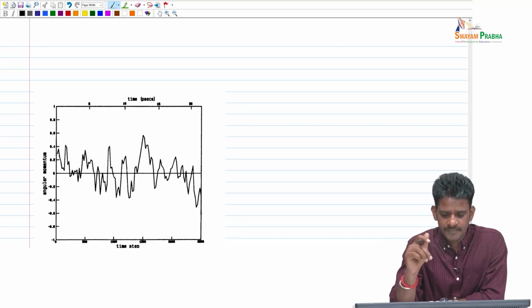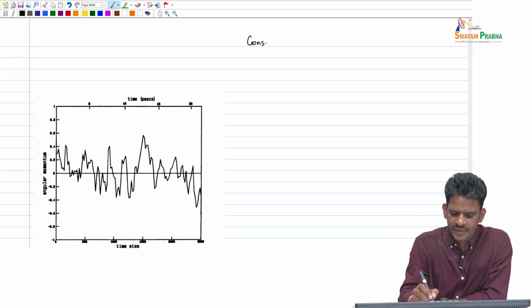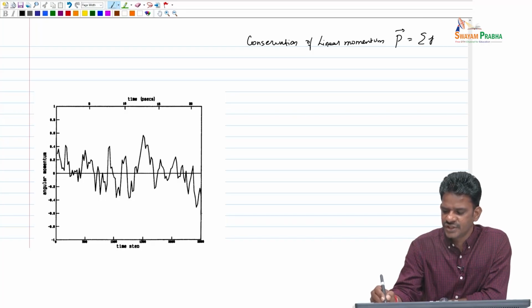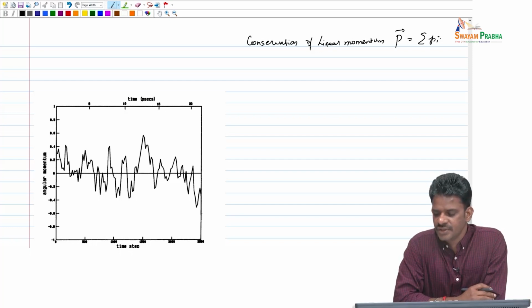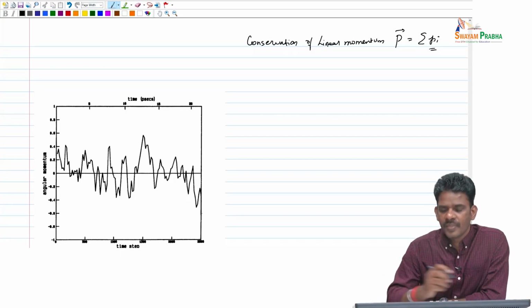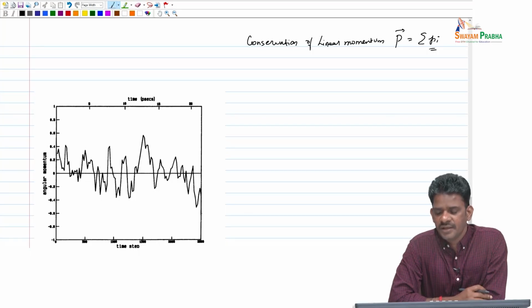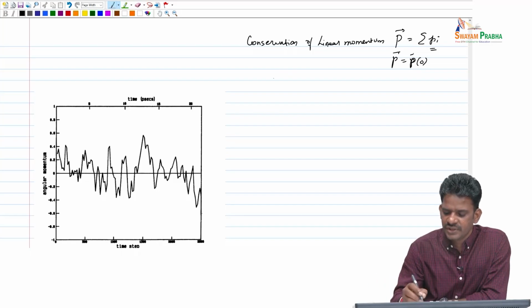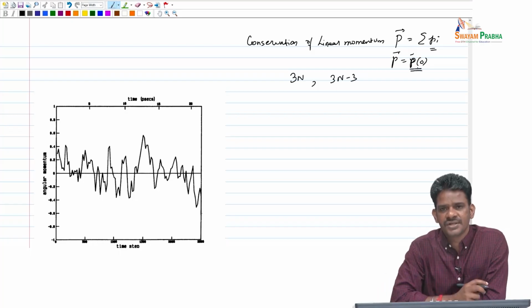For example, consider the conservation of linear momentum, which is defined as this, so this has to be constant throughout the simulations. This means that not all the momentum variables are independent. They also have to preserve the property that this linear momentum remains constant. So then instead of 3n momentum variables, we basically have 3n minus 3 degrees of freedom, because this condition has to be satisfied.